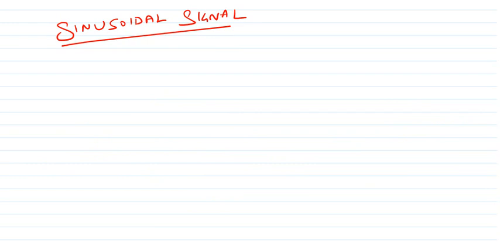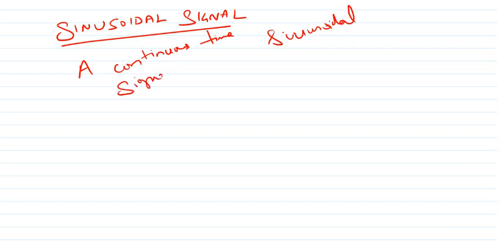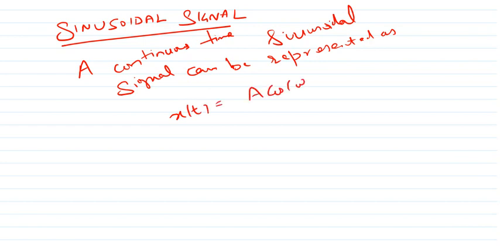A continuous time sinusoidal signal can be represented as x of t equals A cos of omega naught t plus theta.